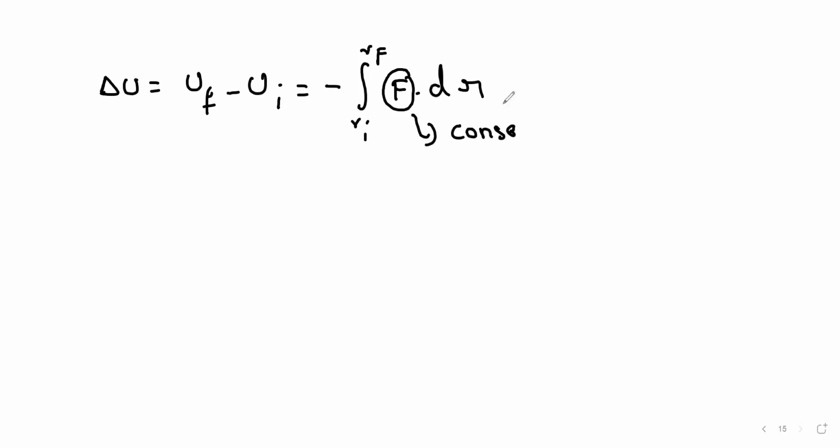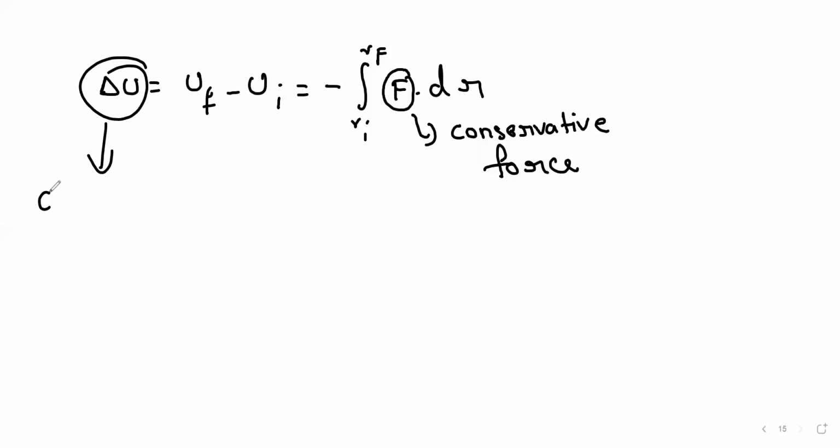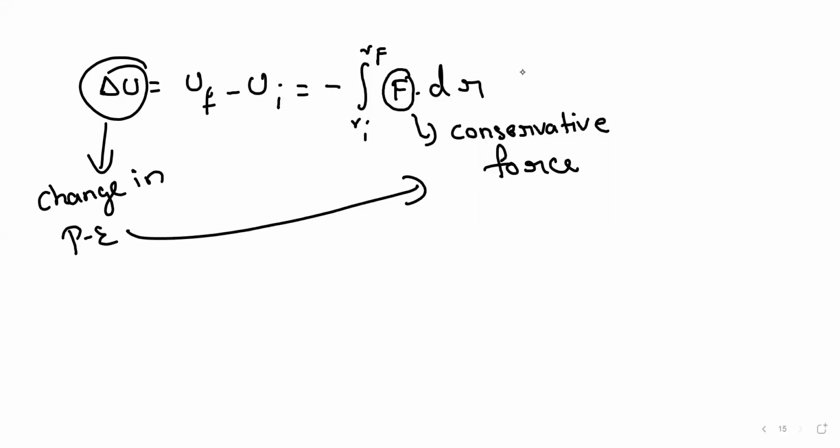Don't worry about this integral, we are not going to use it now. Delta U is the change in potential energy due to this force. So the work done by a conservative force is minus delta U. Is it clear?